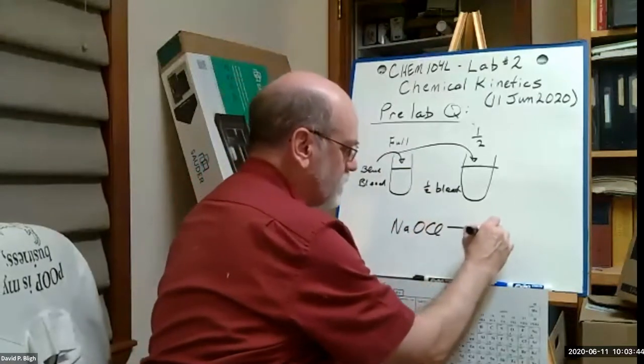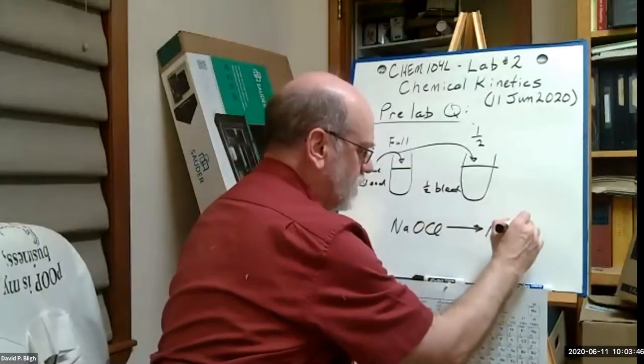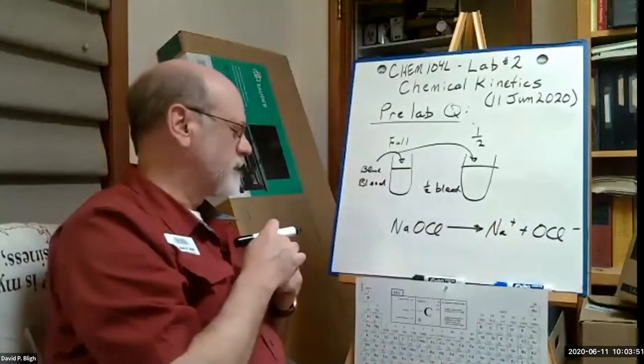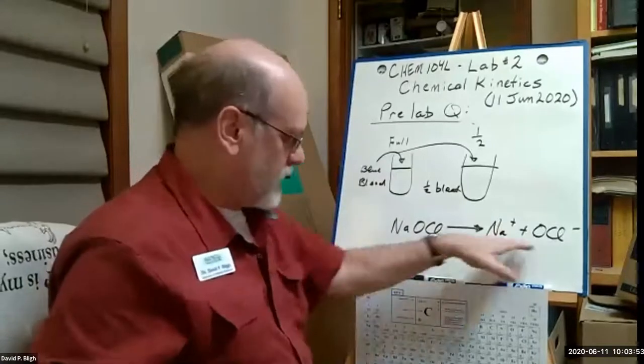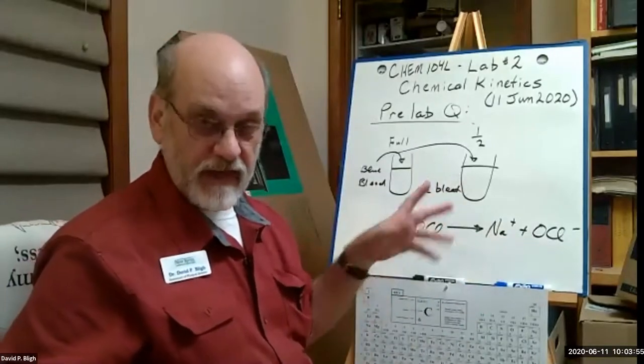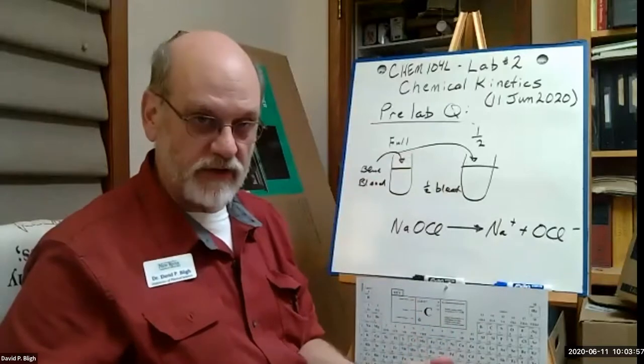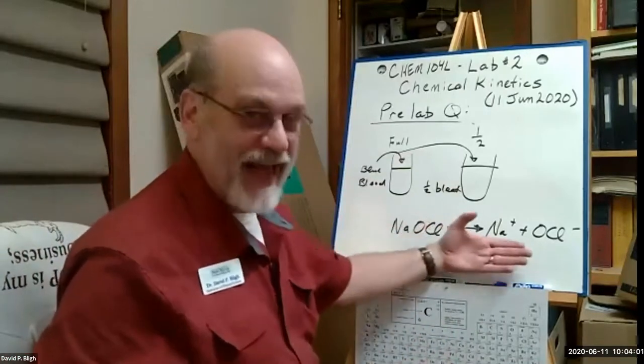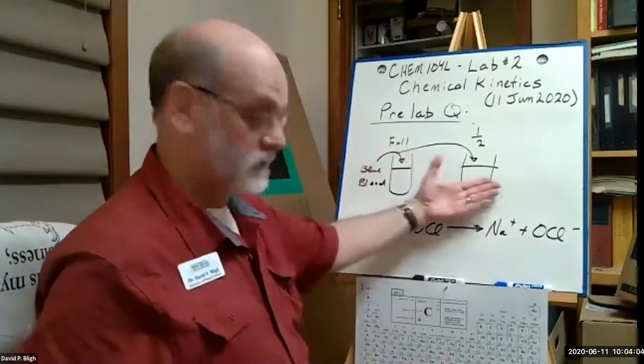Right? It yields that and that. Okay? And these are ions in solution, right? And they affect the progress of the reaction. So if you just add water, then you really only have half of the ions that you had before.